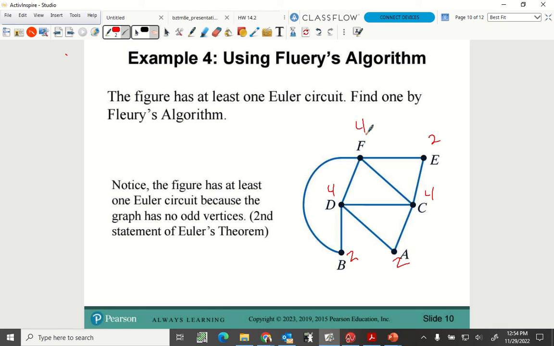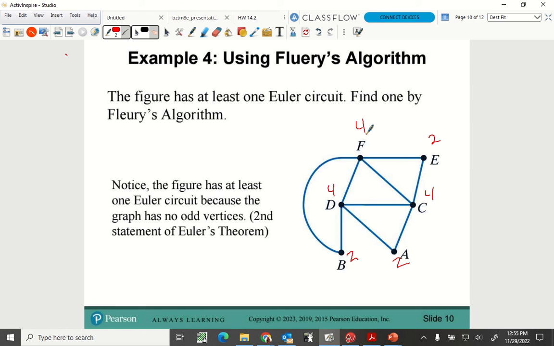So we're going to start wherever. I'm going to start at D just because. For me, whenever I'm doing these, I like to start at the highest number and work my way around.